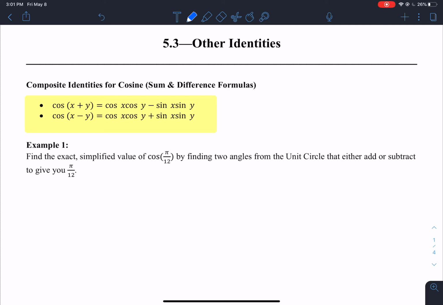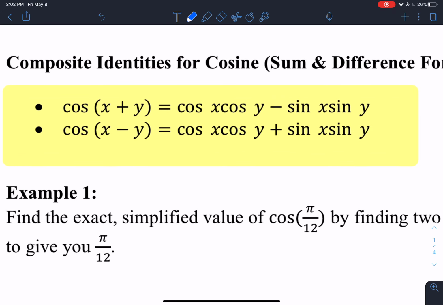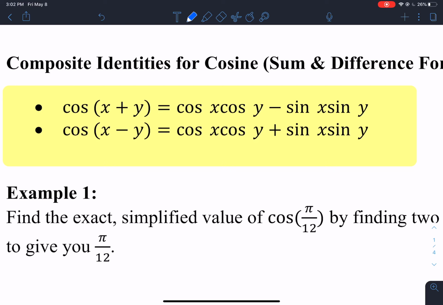So this first one is called the composite identity for cosine, which essentially means it's the sum and difference formulas for cosine. If you happen to be adding or subtracting two angles, we're going to say that x is the first angle, and y is the second angle. So if you look at your formulas, it's cosine of the first angle times cosine of the second angle minus sine of the first, sine of the second.